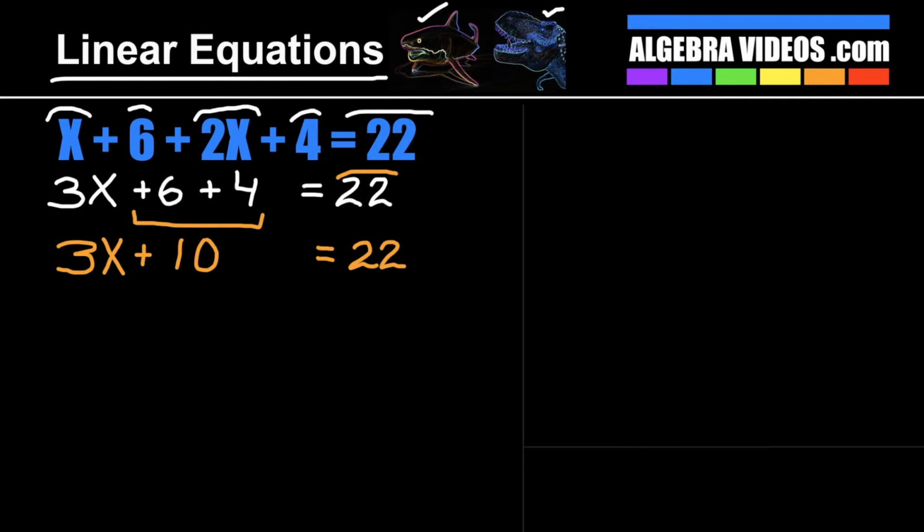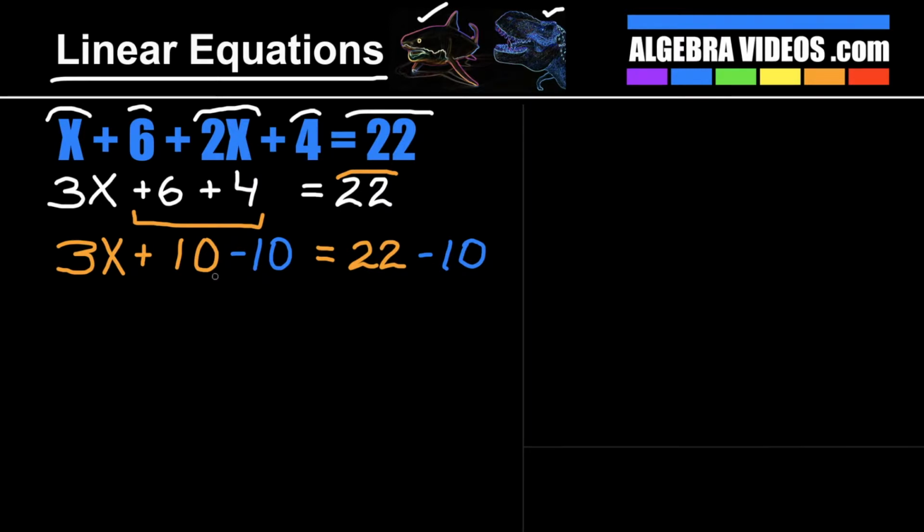So now we know 3x plus 10 equals 22. So now, how do we get rid of the 10 would be the next step. What I'm going to do is subtract 10 from both sides of this equation. There is a rule in math that says you can do anything you want to two sides of an equation, or to either side of an equation, as long as you do the same thing to both sides of the equation.